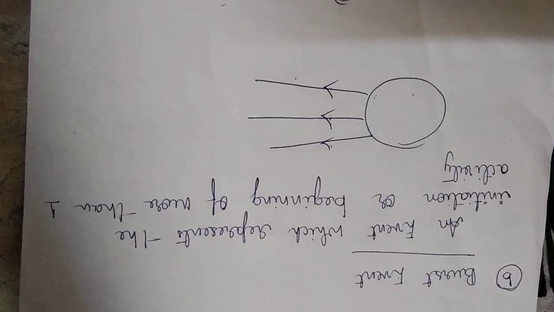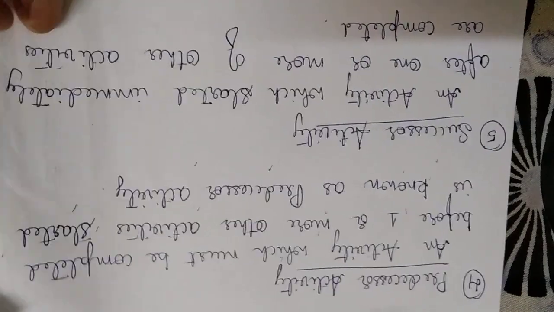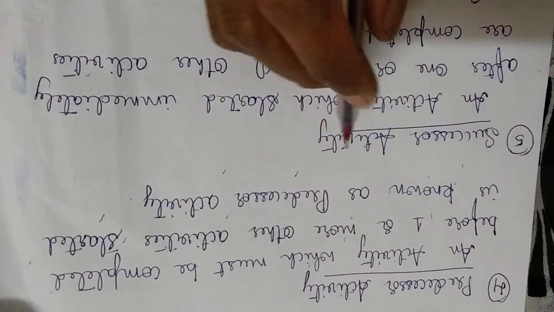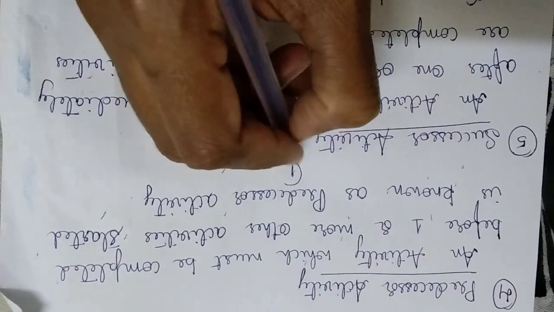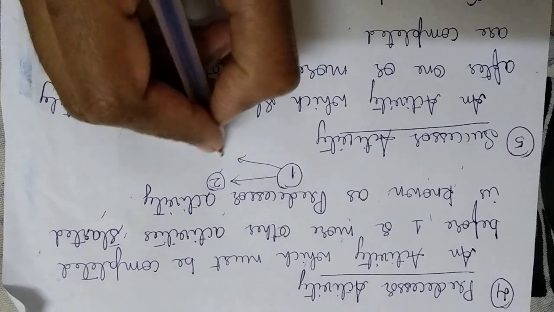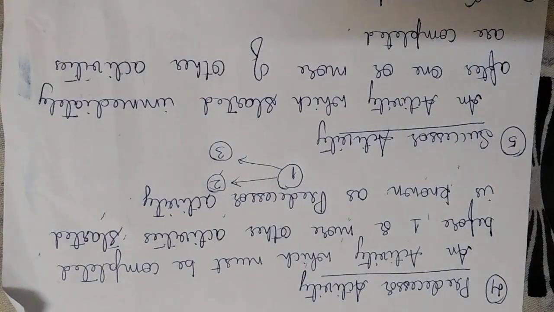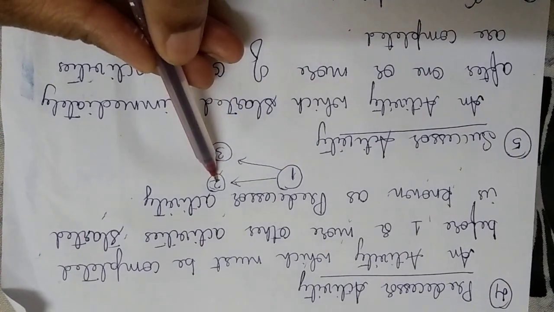Going on further, we have predecessor activity. A predecessor activity is an activity which must be completed before one or more other activities are started. Now let us see the example here. If you see, the predecessor for 2 is 1.